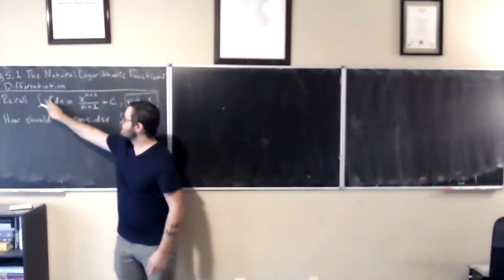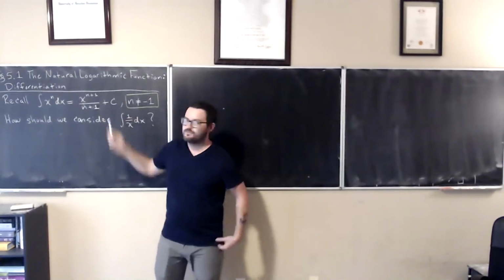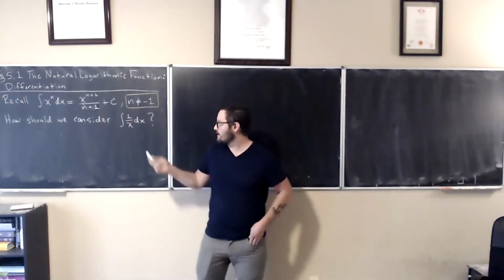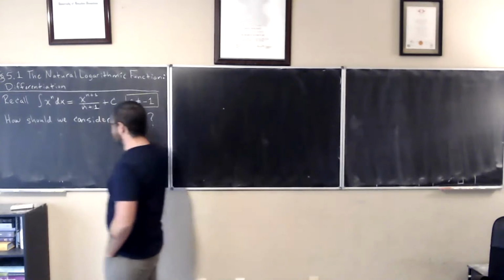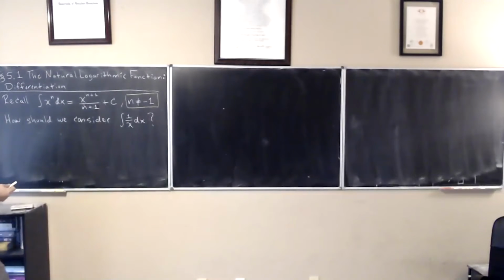If n is equal to -1, then it's 1 over x, and the power rule that we have doesn't apply in this case. So how should we think about this?